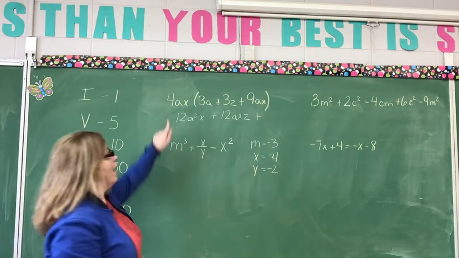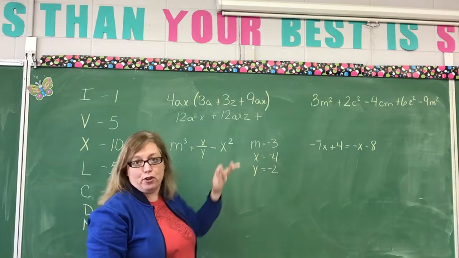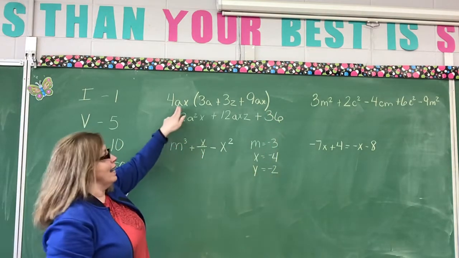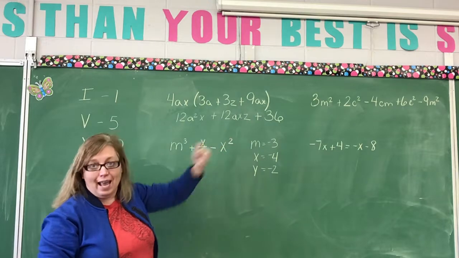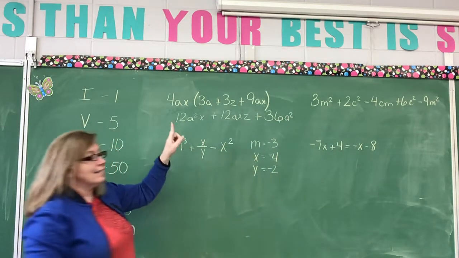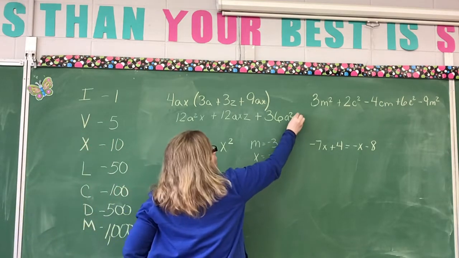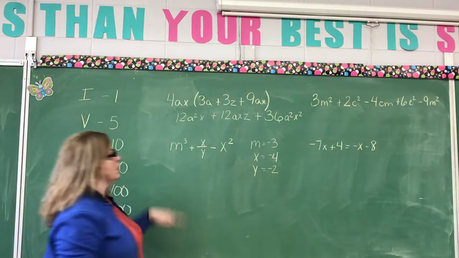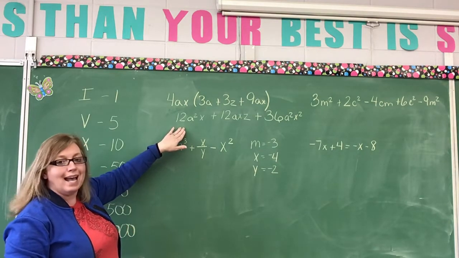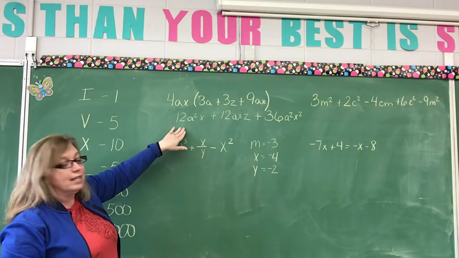Plus, we have 4 times 9, and we get 36. Now, we have a times a, so we have a squared. And then we have x times x, which is x squared. So, our final answer is going to be 12a squared x plus 12axz plus 36a squared z squared.